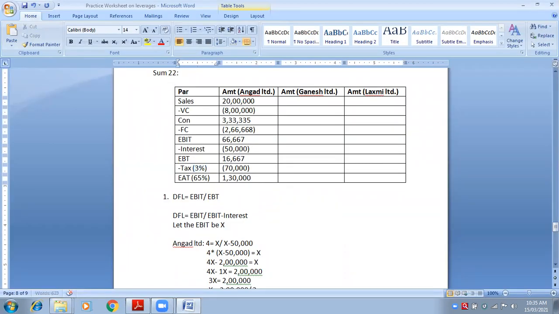So here we can write down 30%, and EAT can be found out easily. 16,667 into 30%. So the amount of tax will be 5,000. So 16,667 minus 5,000.